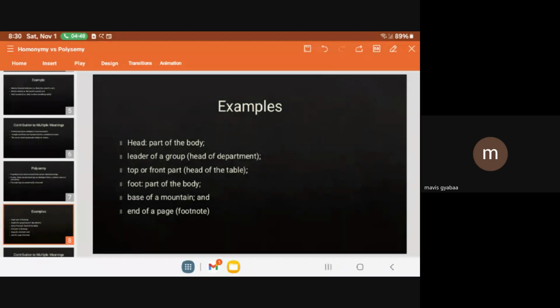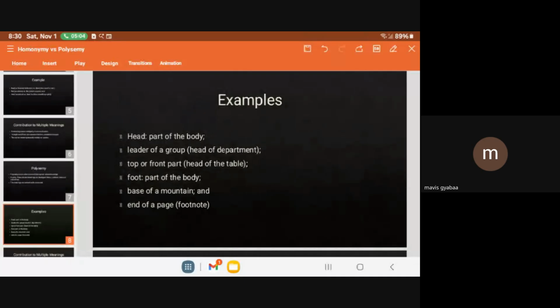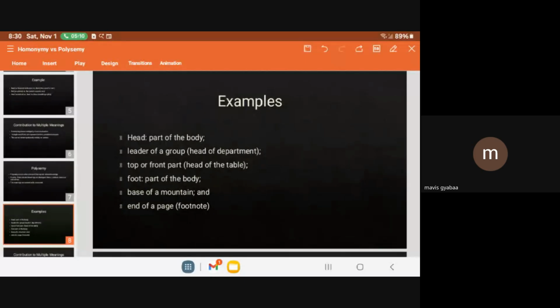Then let's also look at the opposite of head, which is foot. Foot is at the base. Foot is at the very bottom. So yes, part of the body at the very bottom. Then also, when you talk about the foot of a mountain, it's also at the very bottom, the base. And then when you use foot in relation to a page, it is at the end, what we refer to as a footnote, at the very end.